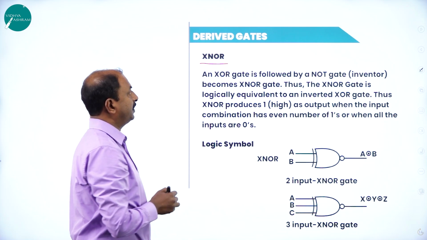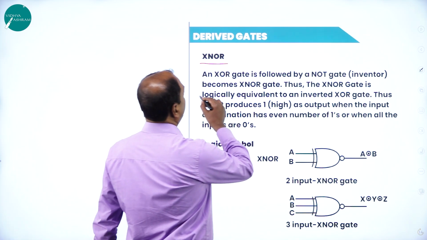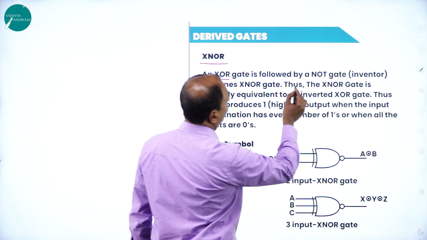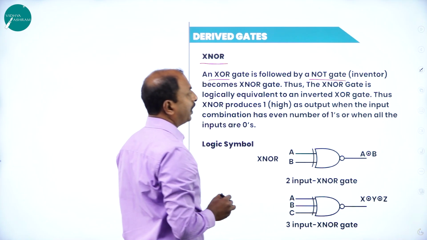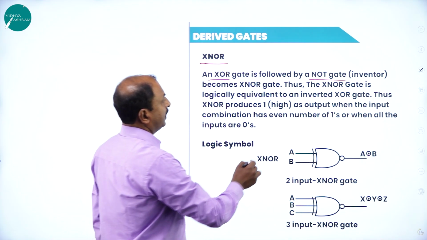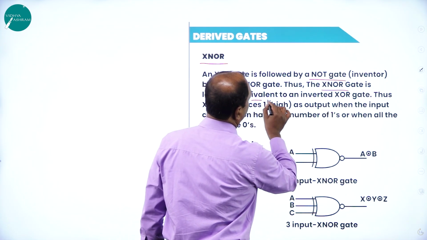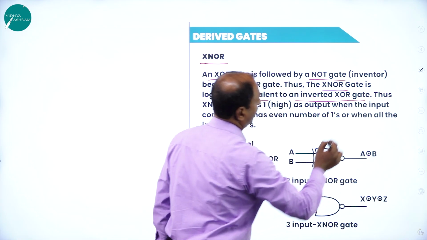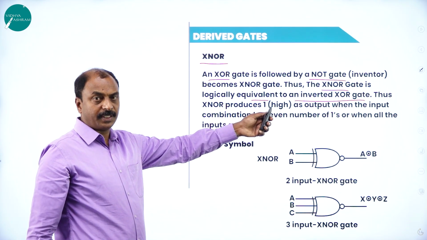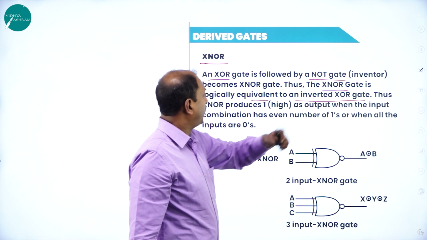XNOR gate. It is nothing but exclusive NOR gate. This is XOR gate followed by a NOT gate, or inverter, so it becomes XNOR gate. The XNOR gate is logically equivalent to an inverted XOR gate. As per the definition, we can identify this as an inverted XOR gate.